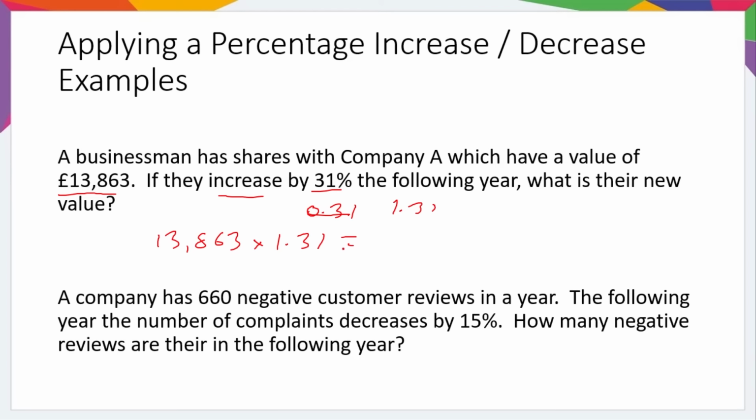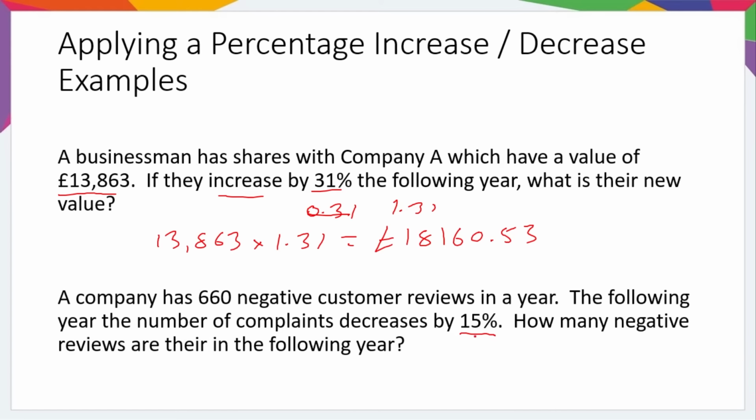So I'm going to have to quickly reach for the calculator here. 13,863 times 1.31. That comes to a total of 18160.53.